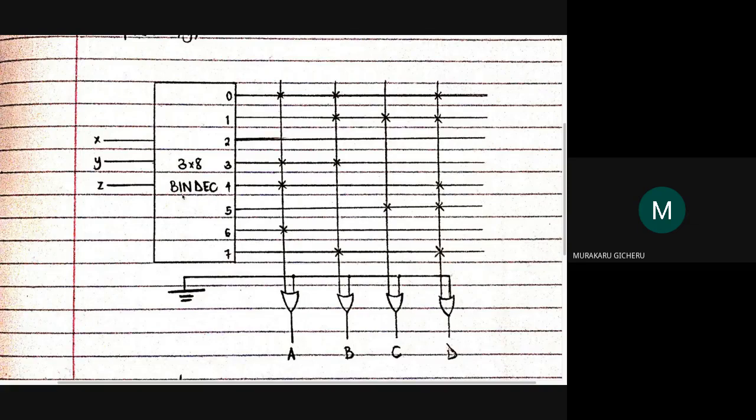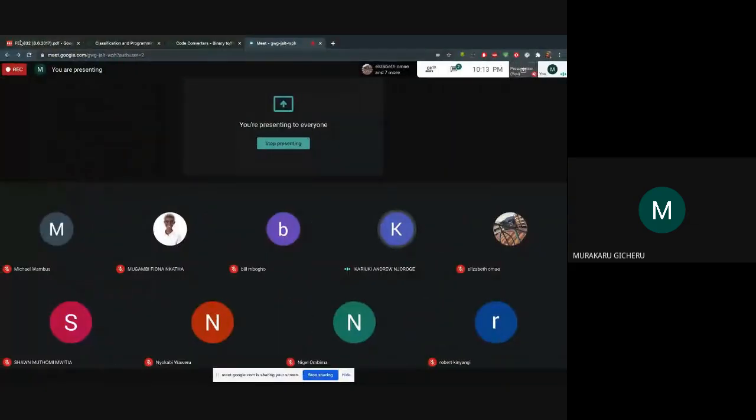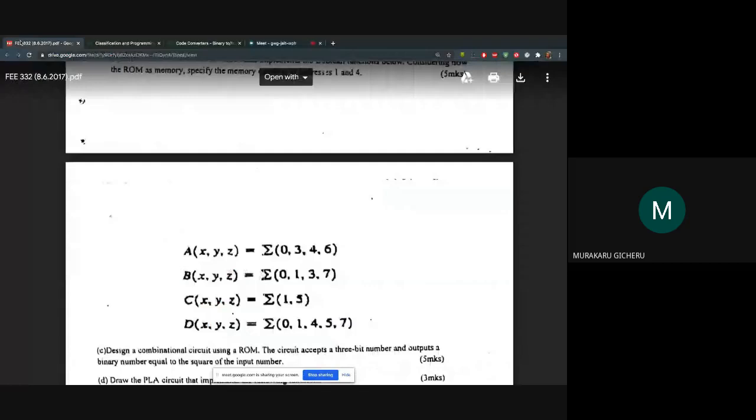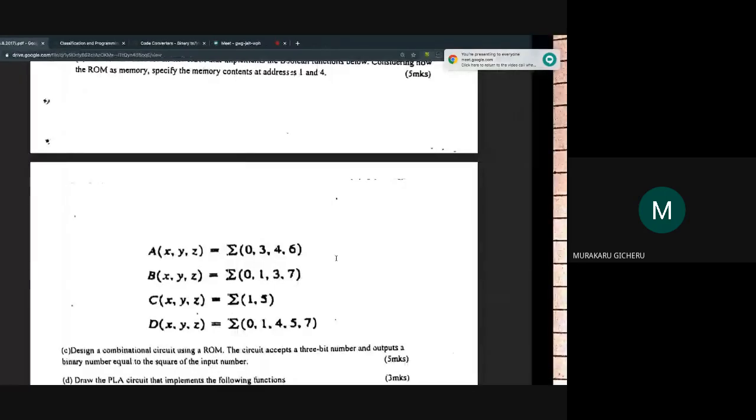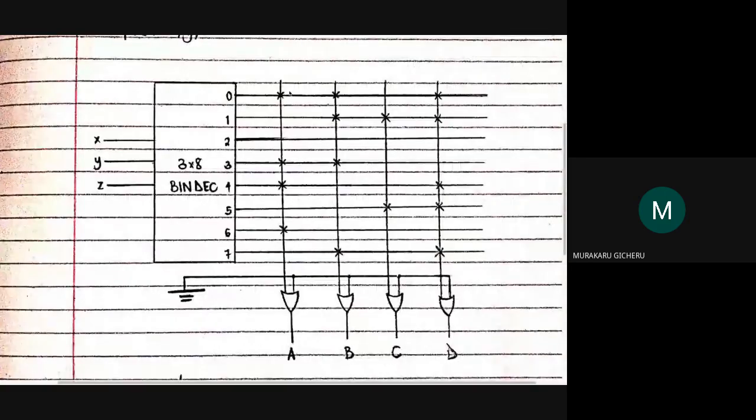So if you were to take A in X, Y, Z as the sum of min terms 0, 3, 4, and 6, all we need to do is make our connections at 0, 3, 4, and 6. You can see that? Yeah. Okay.